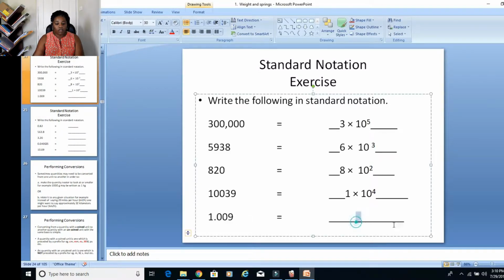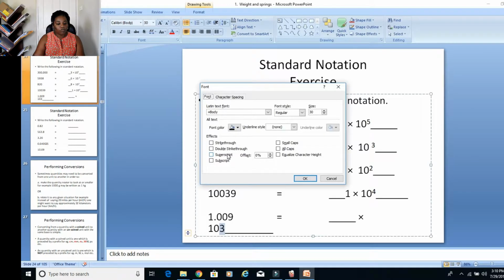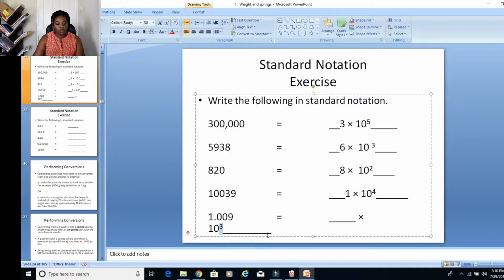So we know that our exponent would be positive. So moving that up, superscript is positive right there. And we're left with 1. So we don't have to do anything at all about that.